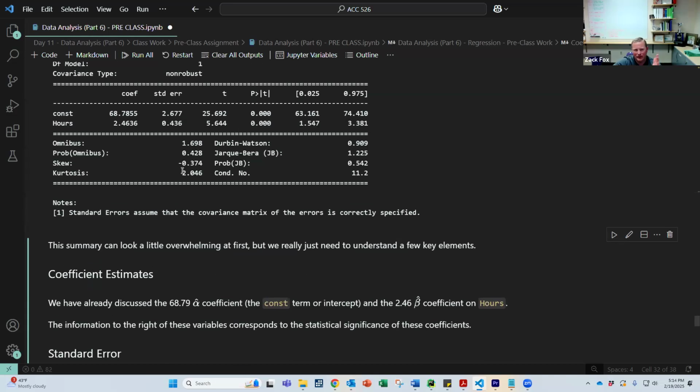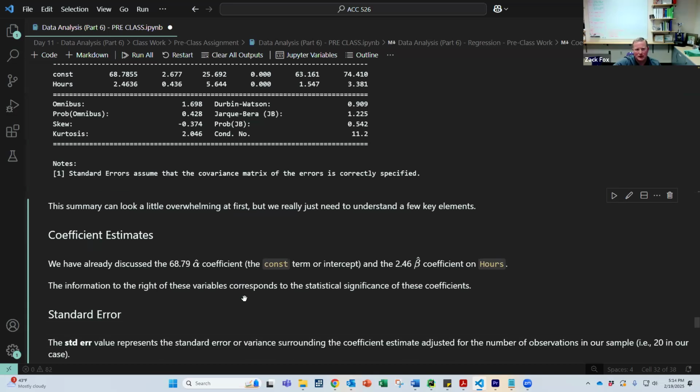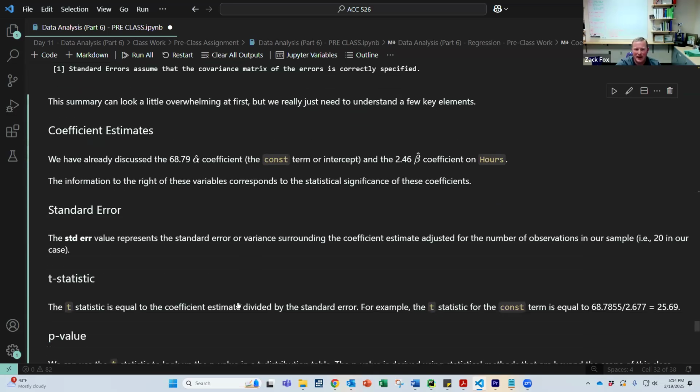Okay, so let's talk about the first one, standard error. The standard error value represents the standard error or variance surrounding the coefficient estimate, adjusted for the number of observations in our sample. In our sample, we have 20 observations. The t-statistic is just equal to the coefficient estimate divided by the standard error.